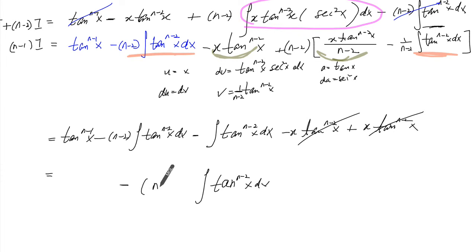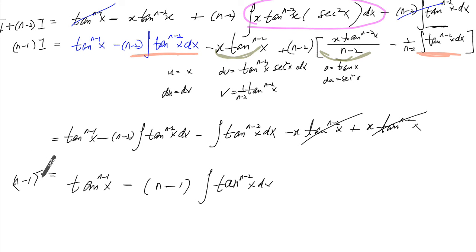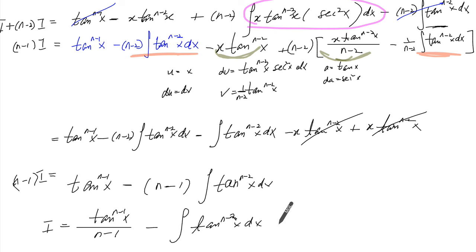So we get n minus 2 plus 1, which is n minus 1. So we have n minus 1 I on the other side. So finally I is going to be, divide this term by n minus 1, we're going to get just, done.